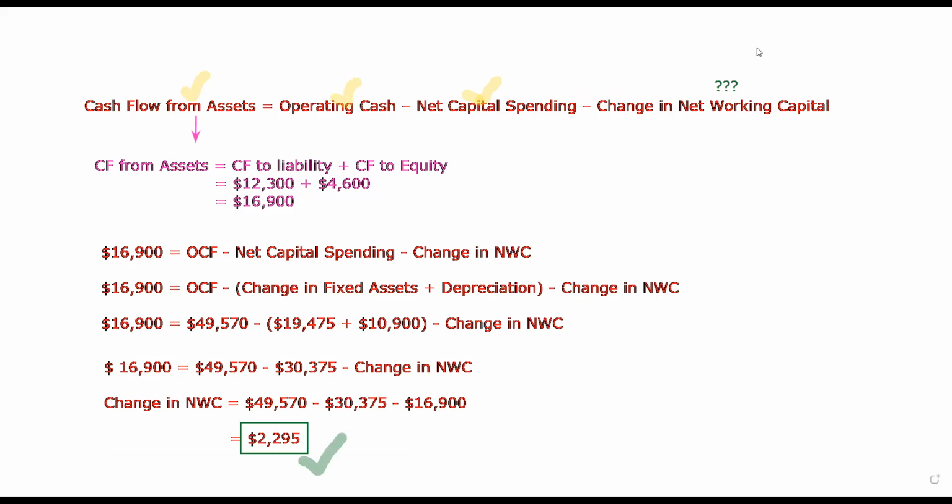Positive or negative means different things, so it does have meaning.